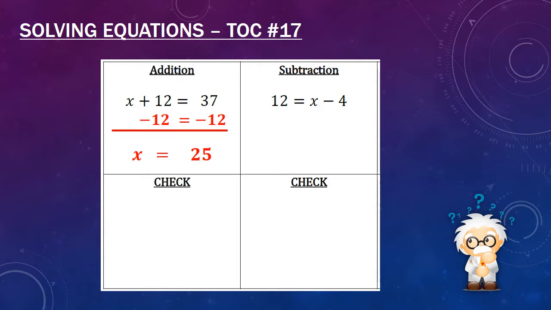It said x equals 25. So if I replace x with 25, and I put those little parentheses to show that I put 25 in where the x was, and then I add 25 plus 12, I get 37. If I get 37 on both sides, that means that I got the correct answer and my response is correct.